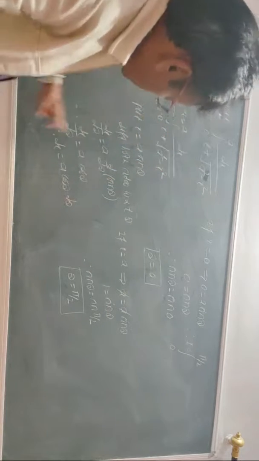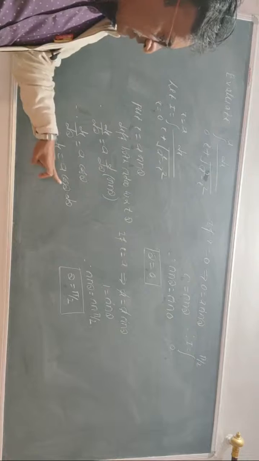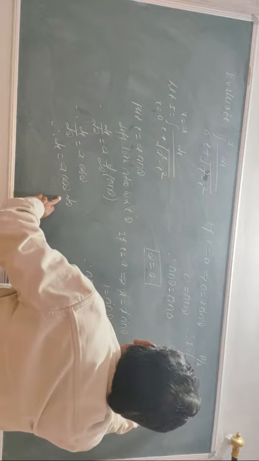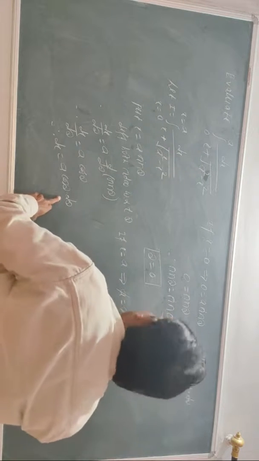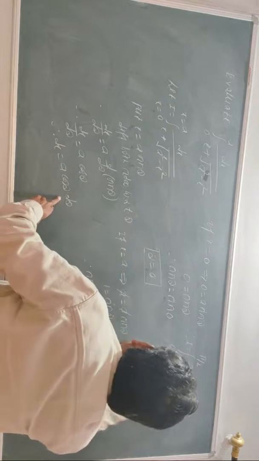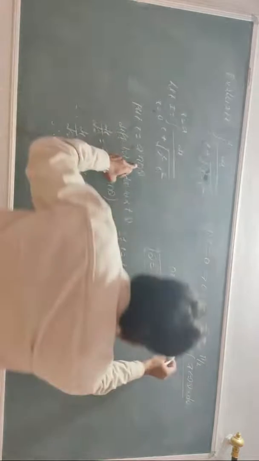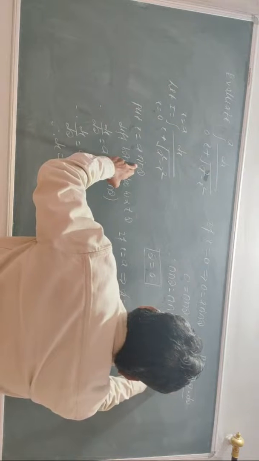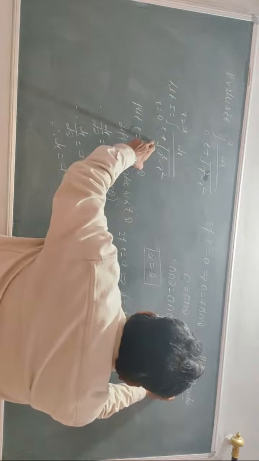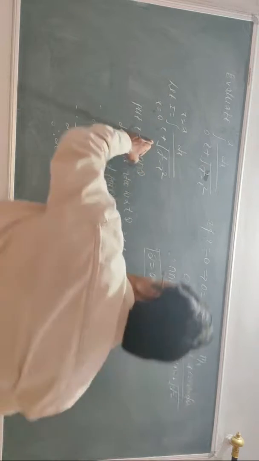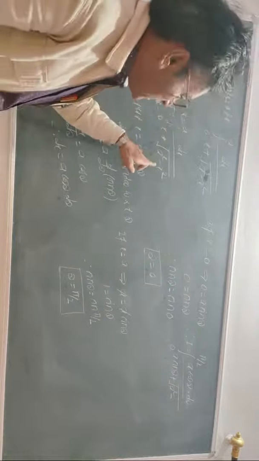Next dx: here dx equals a cos theta d theta, so we write a cos theta d theta, integrating with respect to theta, upon x, which is a sine theta, plus under root a square minus x square.